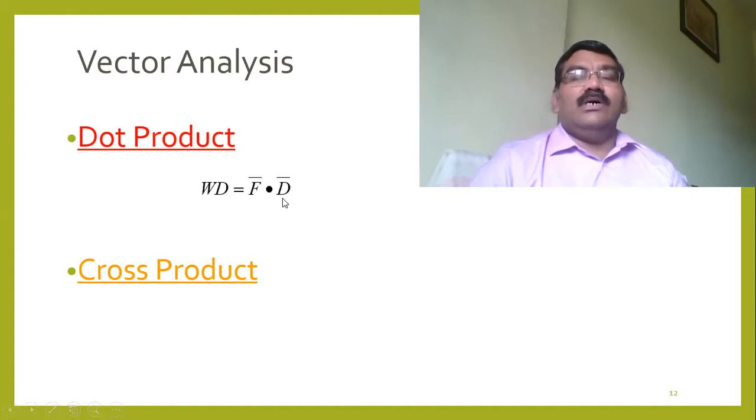Now how can we take this work done? Force into displacement is one of the parameters, work done. I'll share this with an example. Here is an object, and I kept this object here.